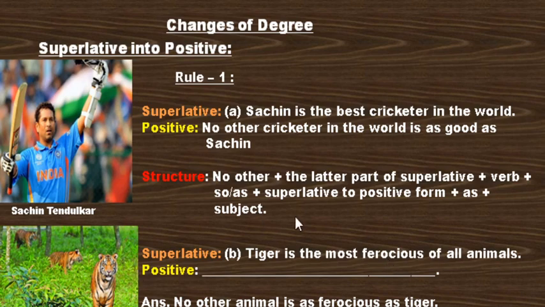So no other animal. When you see no other, your verb is singular: no other animal is, then as, then the positive form, ferocious. No other animal is as ferocious as the tiger.